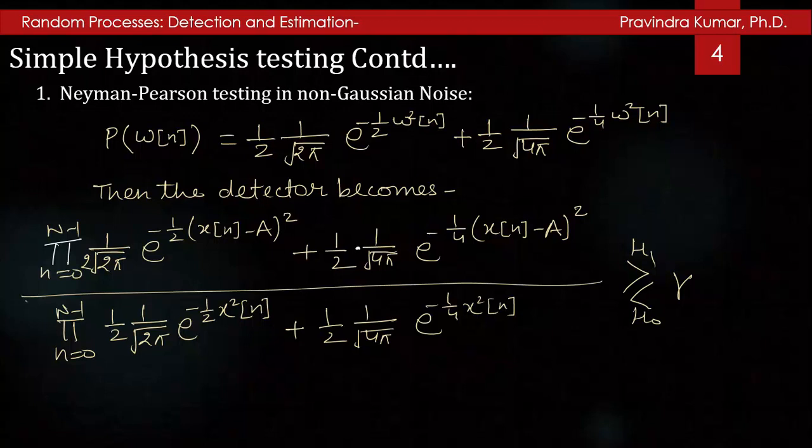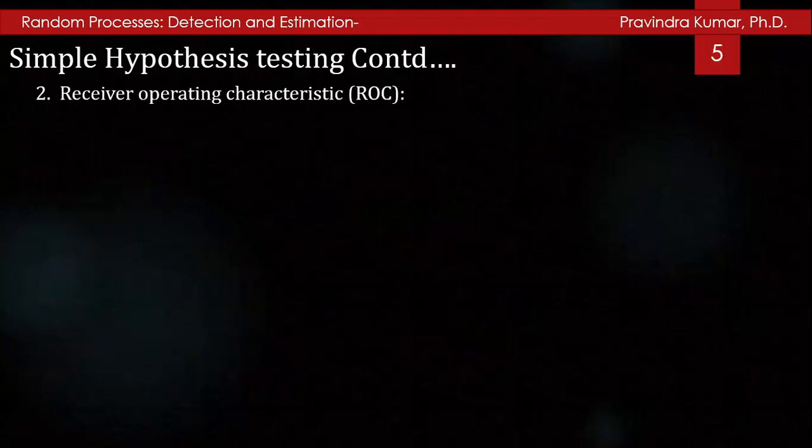Now we will discuss the receiver operating characteristic, ROC. An alternative way to define the detection performance of the NP detector is the plot between PD and PF, meaning the plot between the probability of detection and the probability of false alarm. This is known as the receiver operating characteristic.